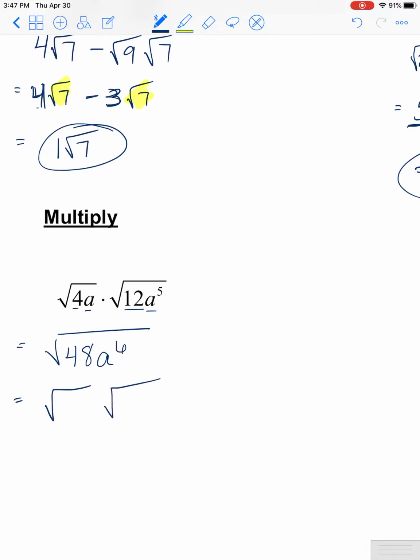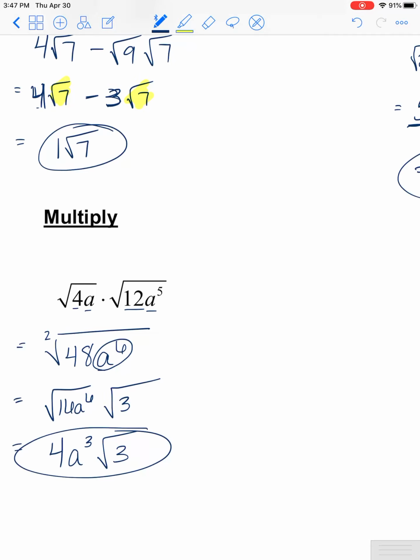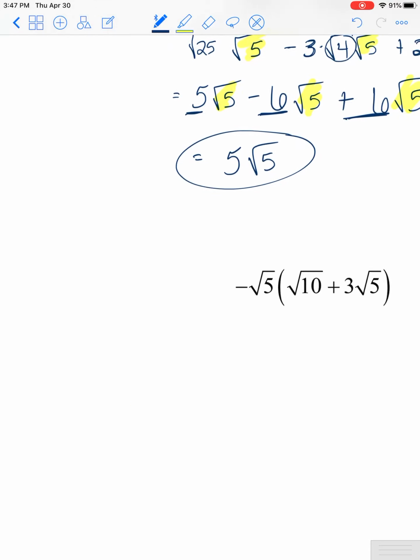So I'm going to split up my radicals. I know I can split that up into 16 and 3. And then a to the 6, I'm dividing that by 2. So when I go to take it, this becomes 4 a to the 3rd radical 3.